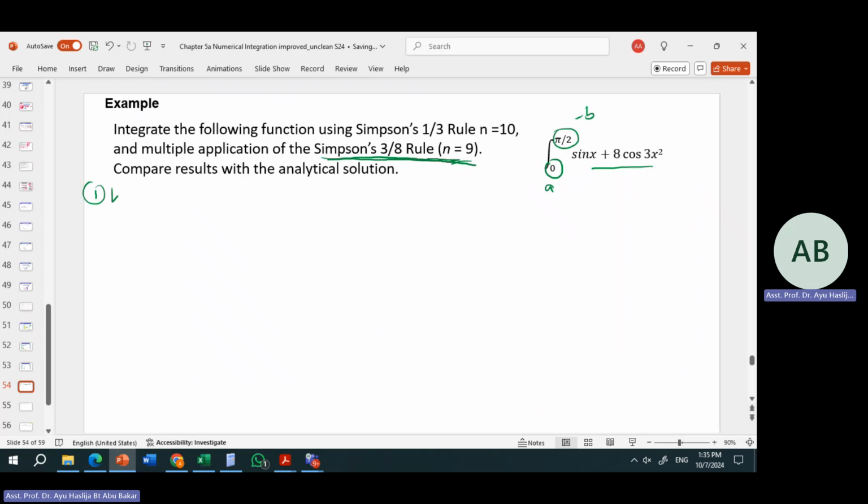Find out your h, then find out your points. N equals to 9, so you should be having 10 points.